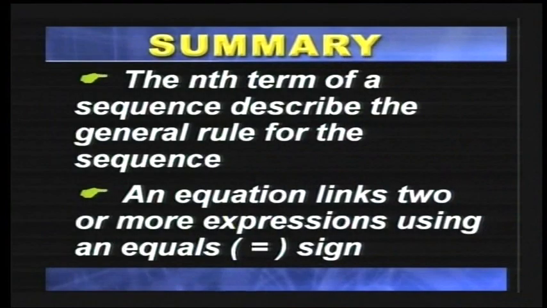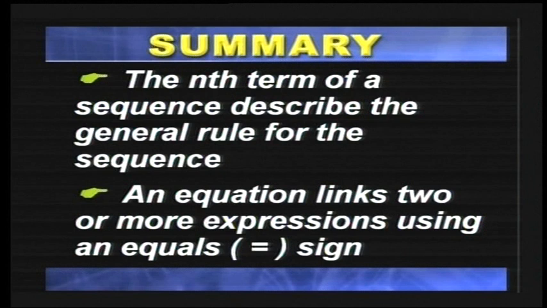Okay, we will now go on to our summary for our lesson. We have the 2 summary points now on the PowerPoint. The end term of a sequence describes the general rule for the sequence. That is your first summary point.